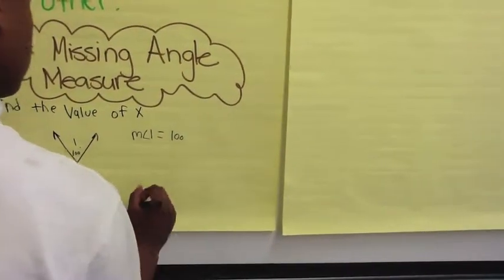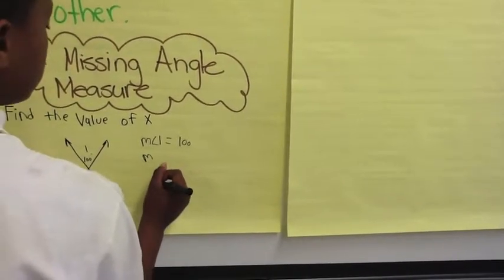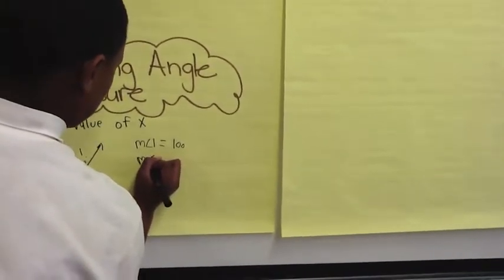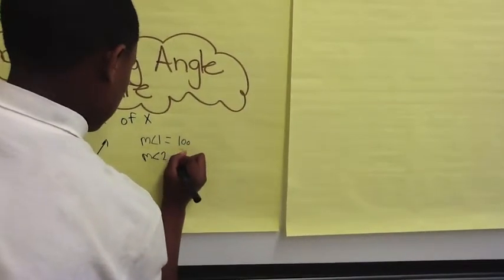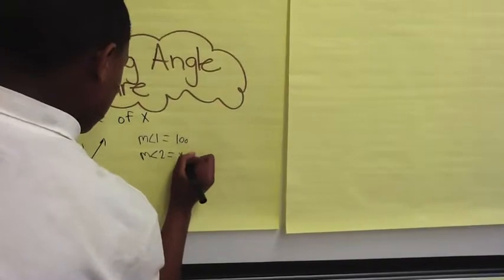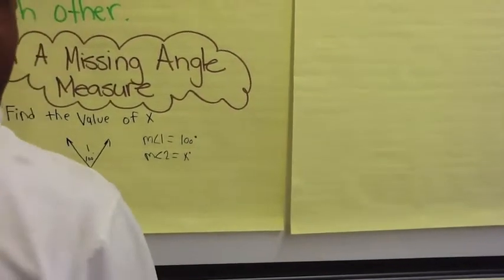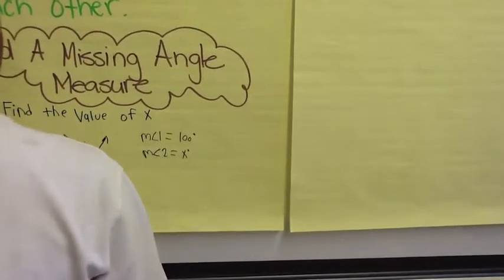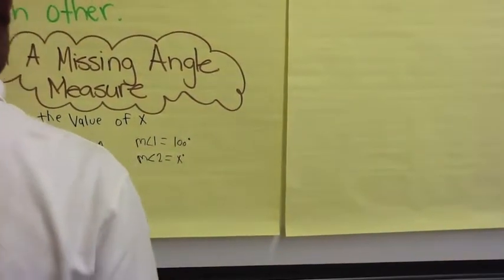Now he's going to write M, which is the measure of angle 2, which is going to be our x, equals x degrees. Because we don't know. That's what he's trying to figure out. So Javante, explain to everyone how you're going to figure that out.